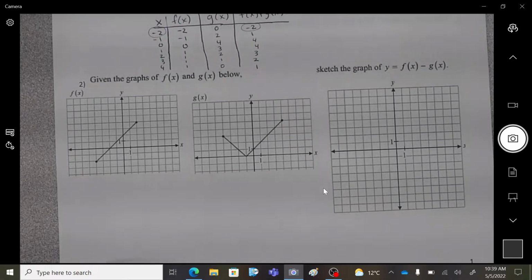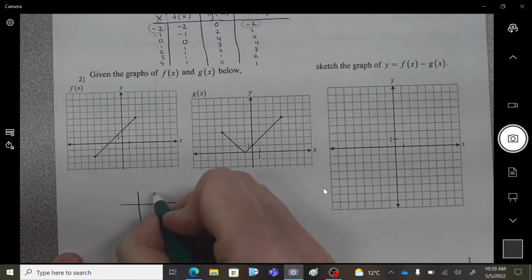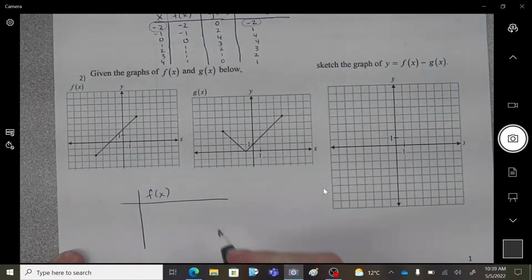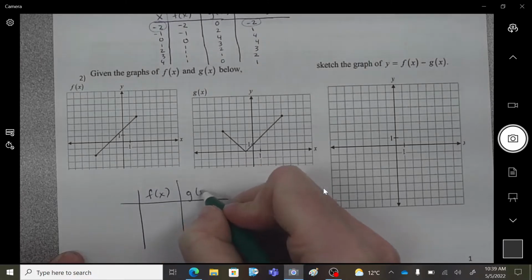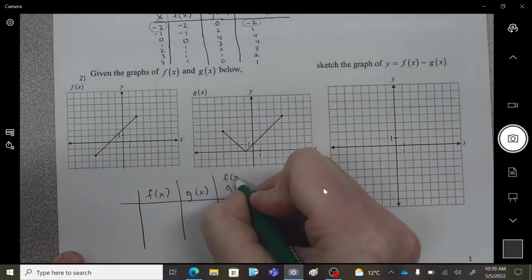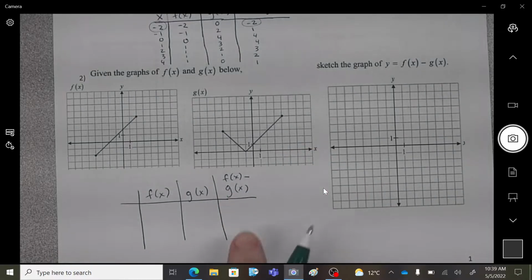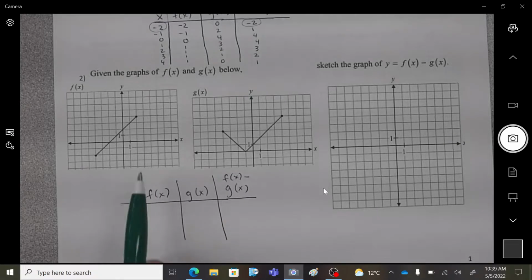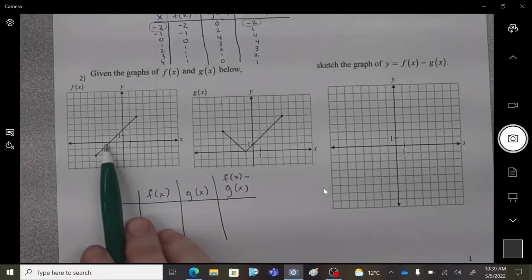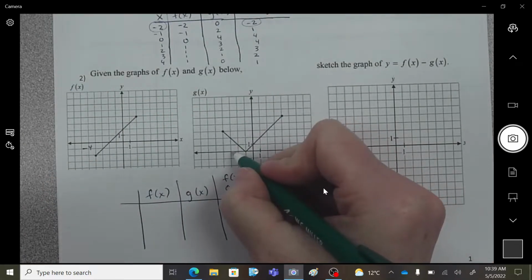Okay, so we're going to do a subtraction function. So what are the values of f of x? What are the values of g of x? And what are the subtracted values? F of x minus g of x. Okay, so that order obviously matters. The domain 1, 2, 3, 4, that is a -4.